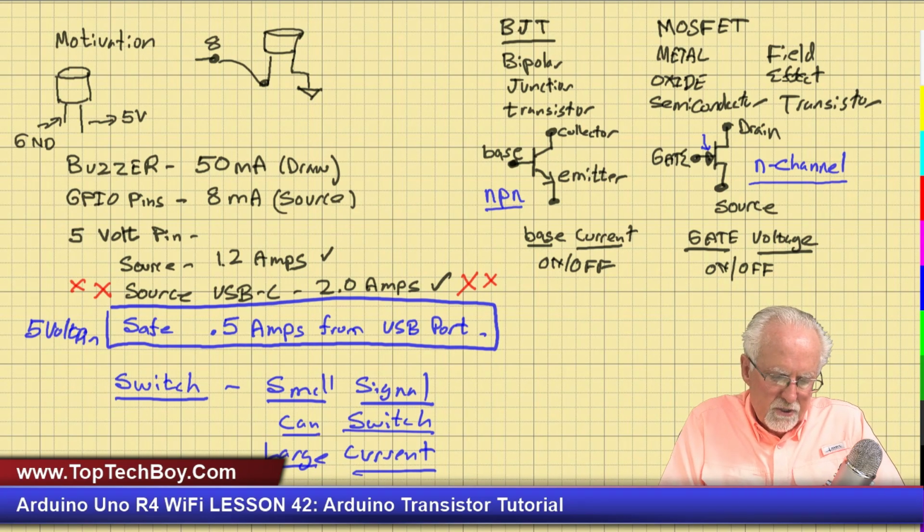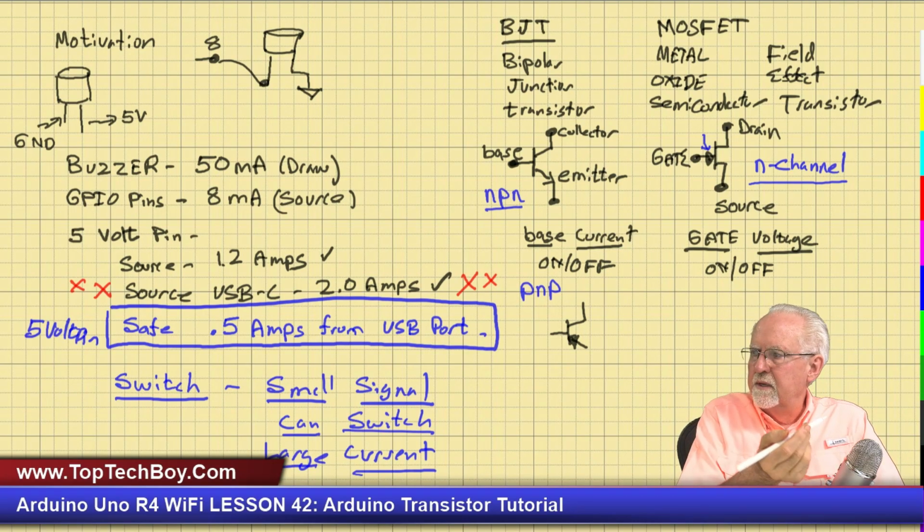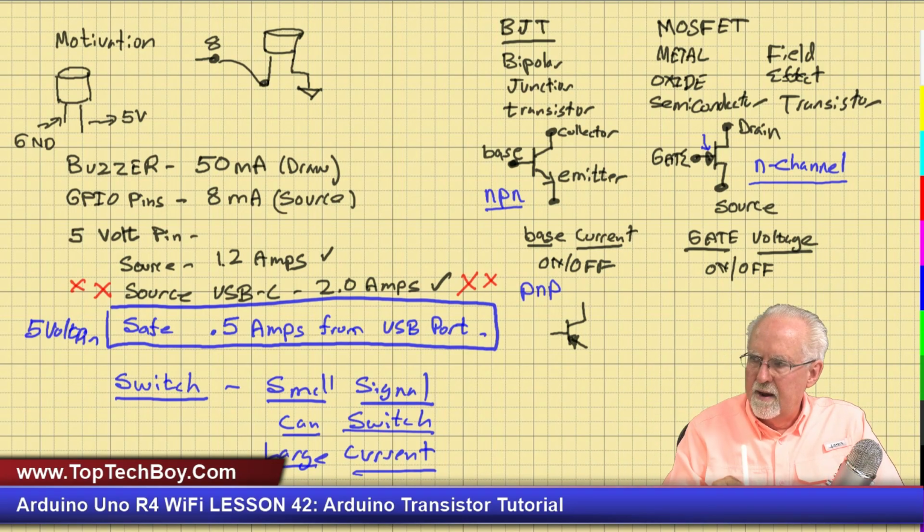Now there's also a PNP transistor, and the PNP transistor looks almost the same, like this, but for the PNP transistor, the arrow is pointed in as opposed to pointed out.